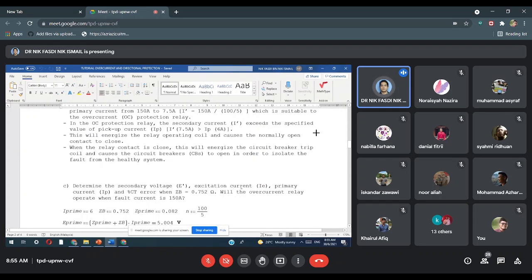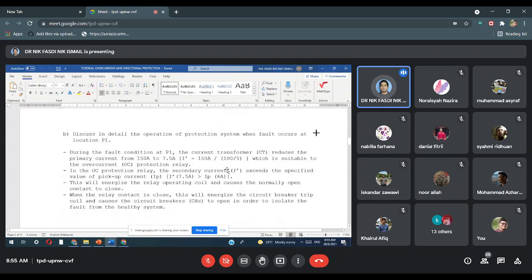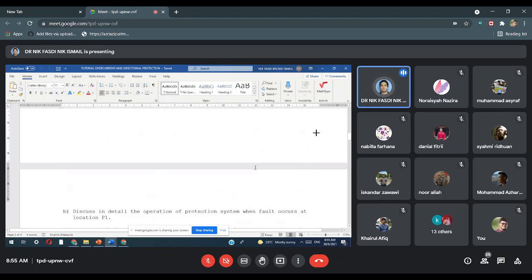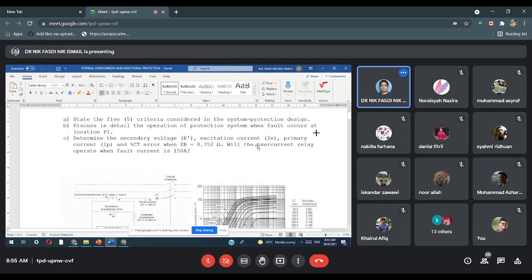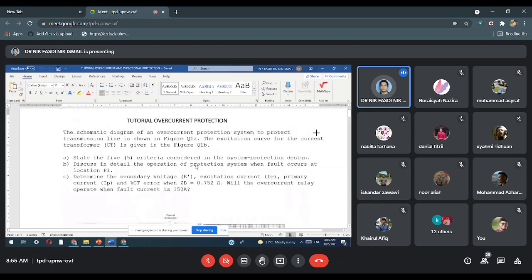So where is 5 volt? First kita tengok this is the ratio is 100/5. So di kat sini, you tengok there's a lot of curve. There are many curve here. Dia ada 300/5, 100/5, 150. So kita ignore all this. Kita cuma focus on our CT which is 100/5.